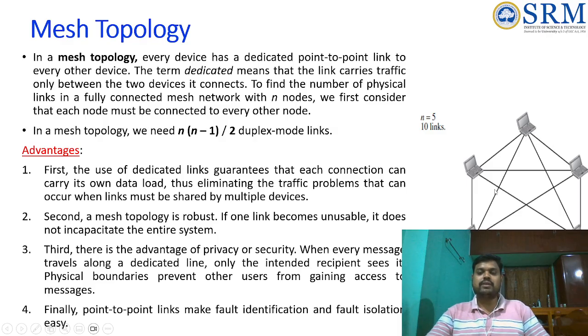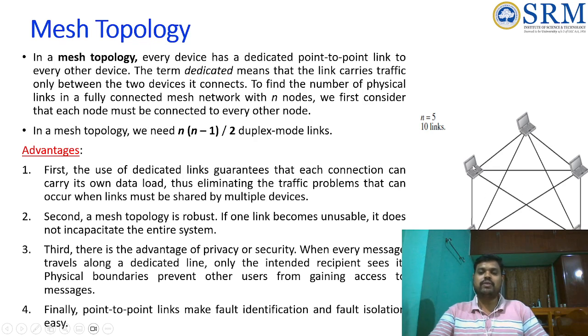For the mesh topology, for example, I have taken 5 systems. Mesh topology is nothing but all the systems are connected directly with each other. I have 5 systems here, and all the 5 systems are connected to the remaining 4 systems.